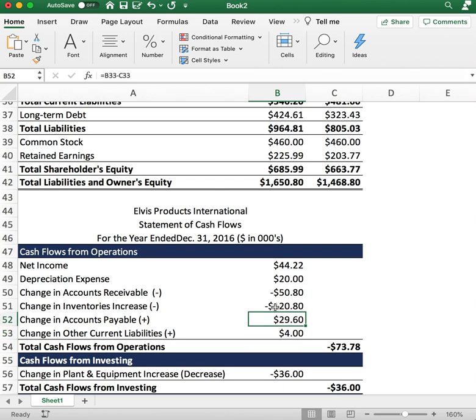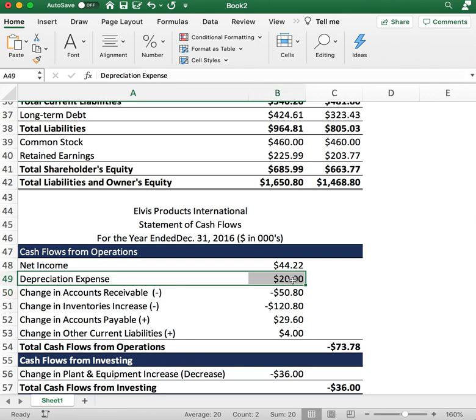And the same goes for current liabilities. So we have $4 additional that we received, which we're still liable for. And so the reason why we're adding depreciation is because depreciation is a non-cash expense. So there's really not a cash transaction when we're depreciating the asset.